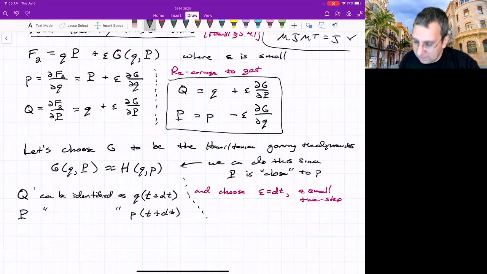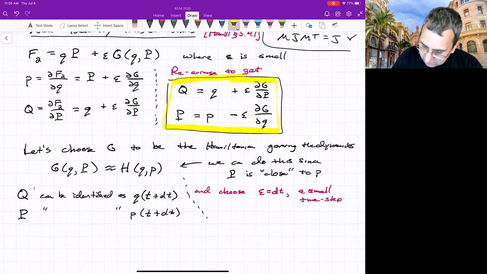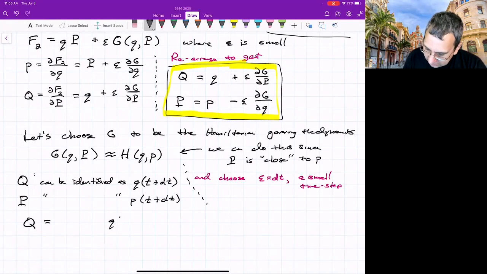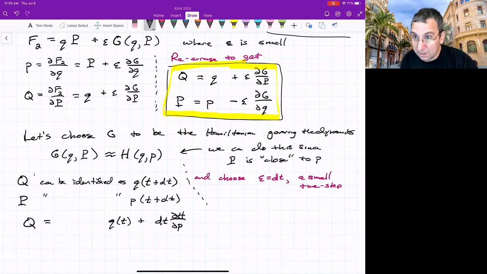How is that? Well, let's just take what we have up here for the near identity transformation, but plugging in that G is actually the Hamiltonian describing the system dynamics. And we get that big Q equals little q at time t plus dt partial h partial little p, because little p is close to big P. So the partial derivatives will be the same.